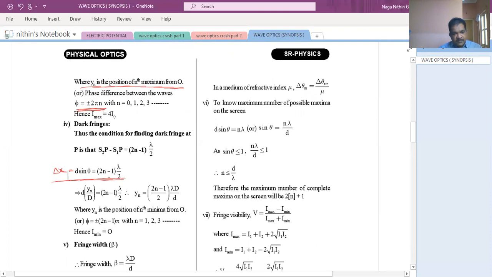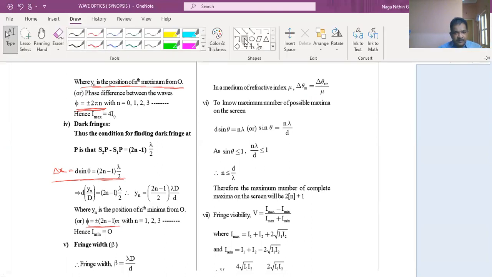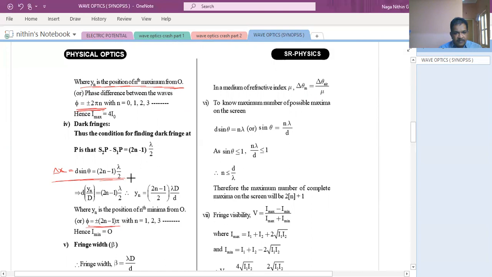So for this path difference, or for this phase difference (2n minus 1) into pi, a dark band will be formed at the point P. Next, the distance of the nth dark band from the central bright band, that formula will be (2n minus 1) by 2 into lambda D by d.